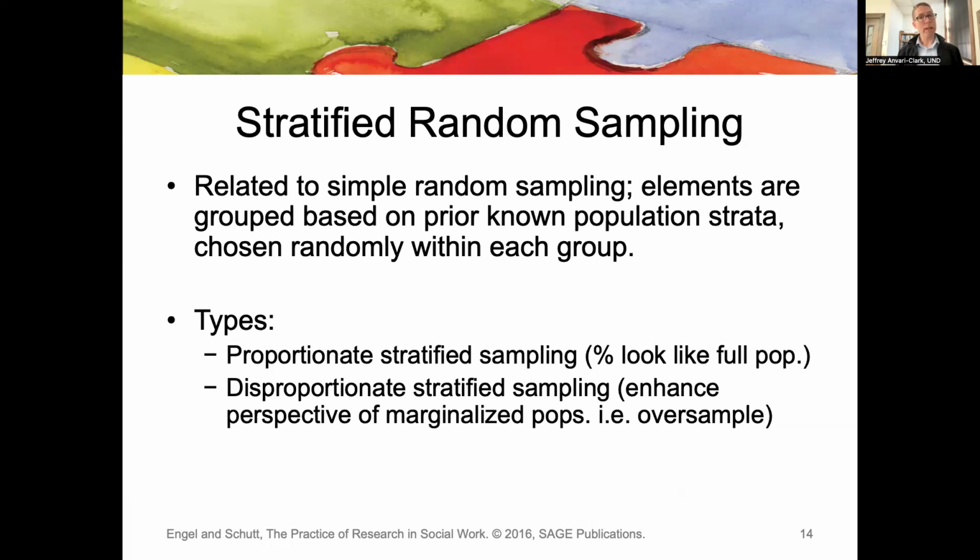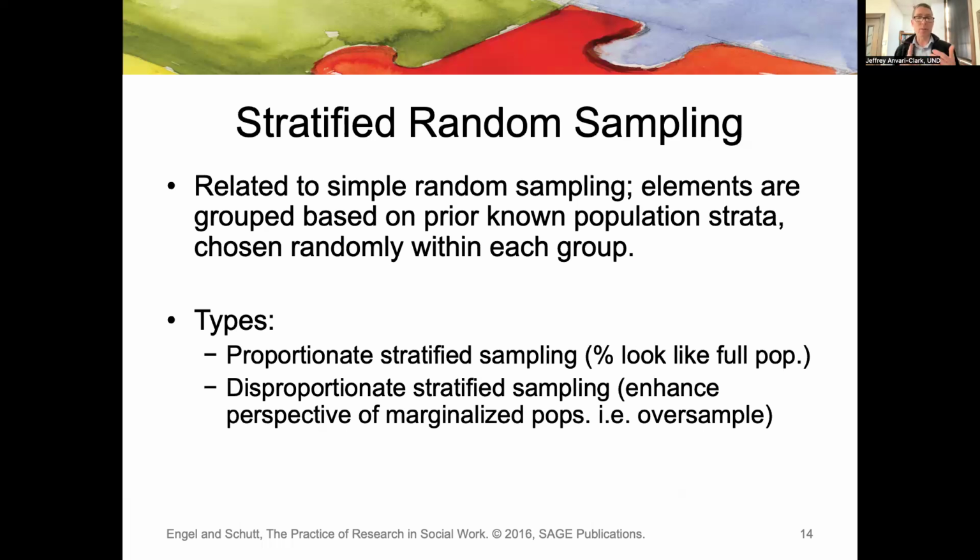Then you've got stratified random sampling. And so this is where you've got a known population, and you choose randomly within each group. Say you've got your population of clients, and of your clients, some of them share money frequently.